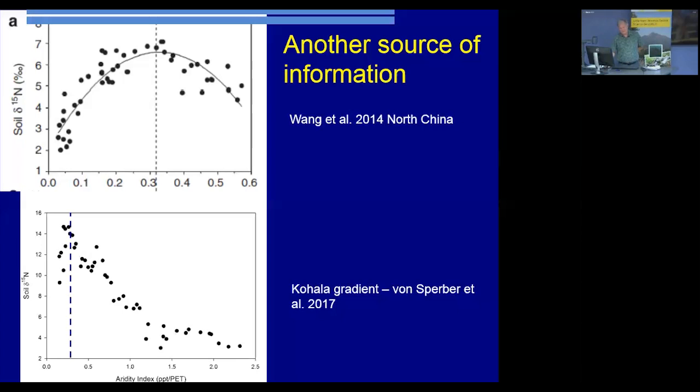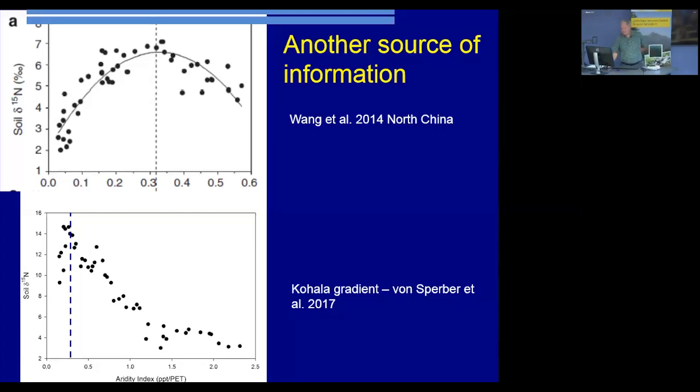You'll notice that there's what looks like it might be a little decline in the really, really, really dry areas. When I first did these measurements, I thought, there's noise everywhere. That's nothing, right? Why pay attention? But then I read a paper from China that looked at a more than 2,000 kilometer gradient across North China, looking at mostly much drier systems than in the Hawaiian system.